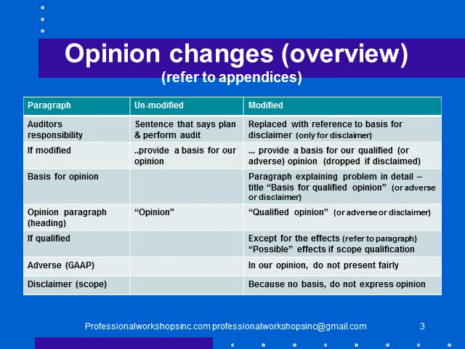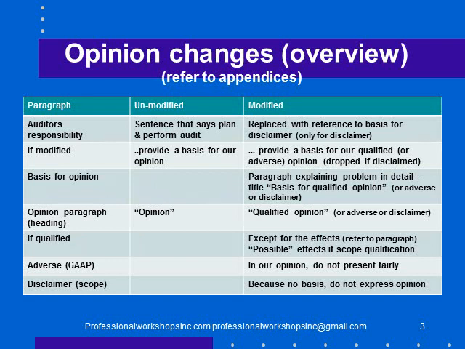Now here is an overview of the opinion changes, and this is very picky, so you have to be very, very careful. So you need to refer to both the appendices and examples and to the standard to make sure that as you are writing your qualified opinion or modified opinion, you've got it right. But this is an overview of the changes.